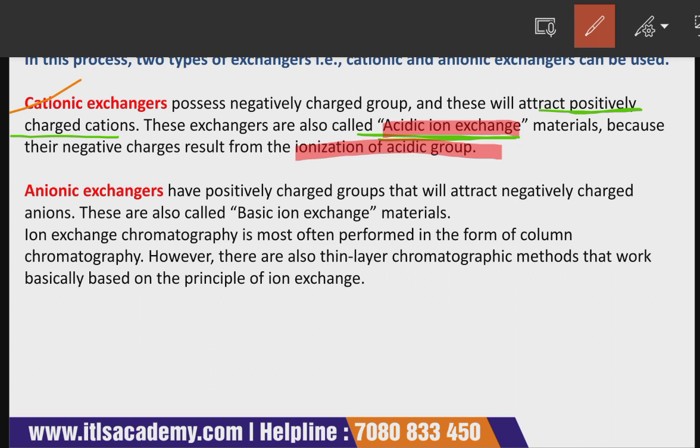Cation exchangers are negatively charged, which is the reason they attract the positively charged cations, whereas these exchangers are known as acidic ion exchangers. So in examinations, MCQs or interviews, if they ask you about an acidic ion exchanger, don't get confused. It is nothing but a cationic exchanger.